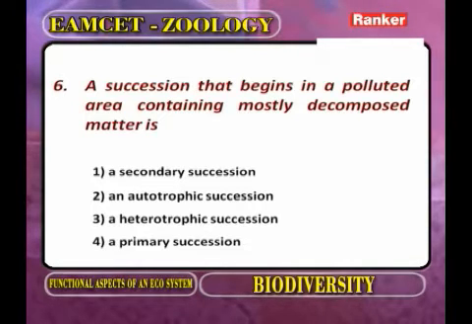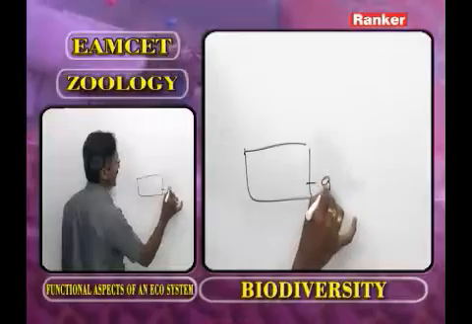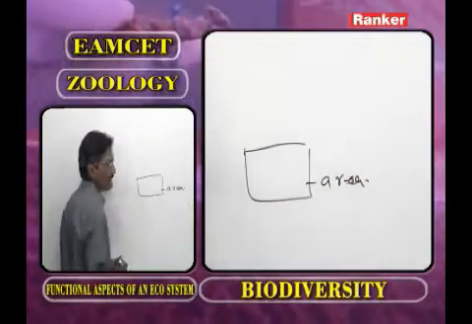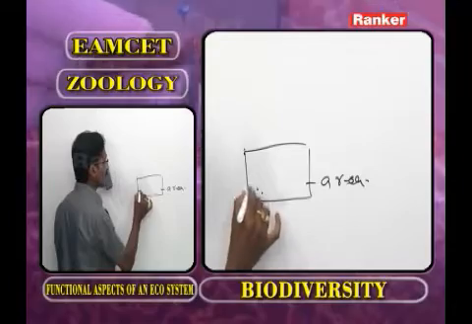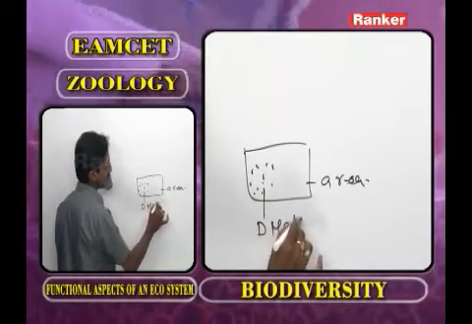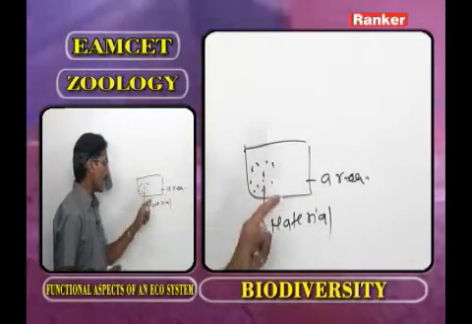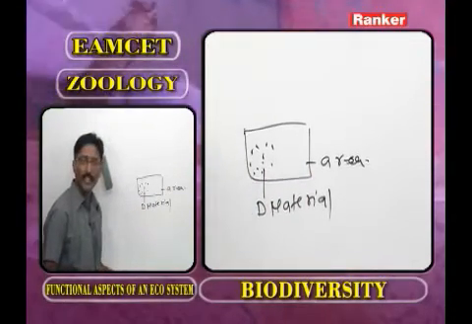As we observe the ecological succession, this is one habitat or one area. In this area, the decomposed materials are present.